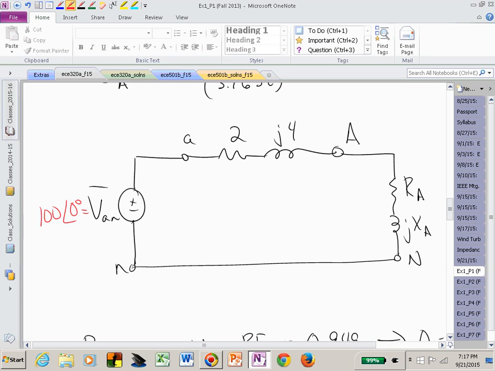That's really what's critical. But I want you to show me that it's actually a phasor, and if you put 10 degrees, it really wouldn't be wrong. Then that's the reference for everything else. So once you pick a reference, you have to live with it until you've finished the problem.